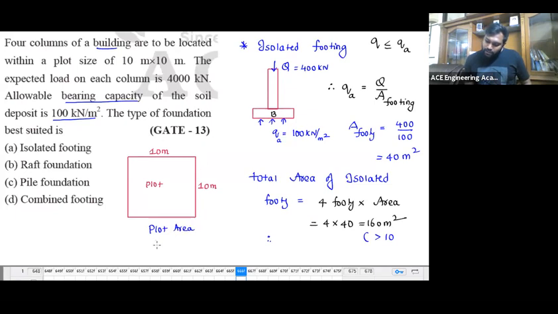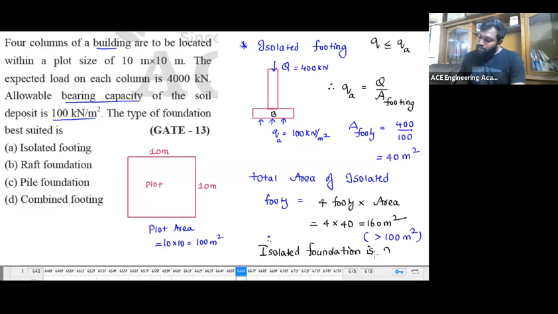What is the total plot area? 10 by 10, which is 100. Then already this is more than 100 meters square. Are you going to prefer the isolated footing? No. Isolated footing is not suitable.